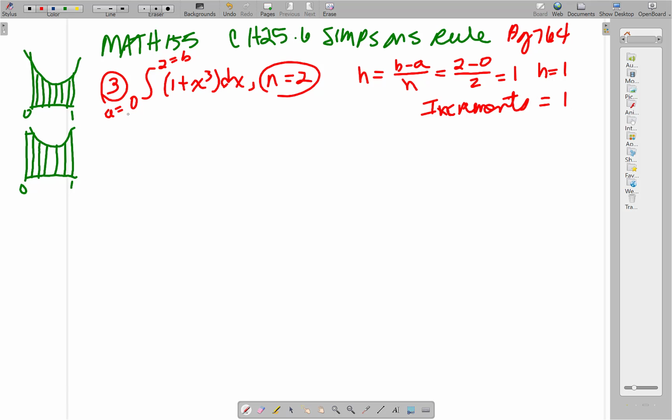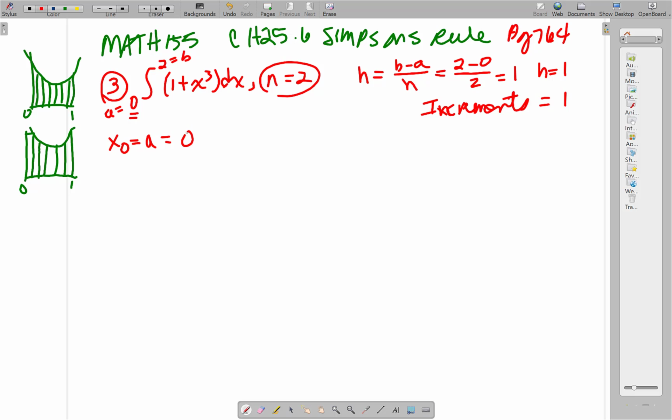So we start at 0 to evaluate this definite integral, and then we go up by another increment of 1, and keep adding increments of 1 until we get to 2. In this case, that's only going to give us 3 points. The book says x sub 0 is going to be your a, which in this case is 0.